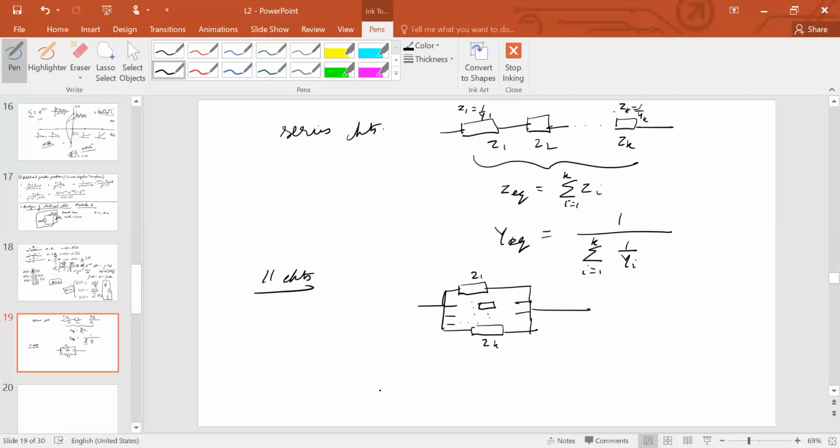In the same vein, the equivalent admittance is nothing but the sum of the admittances. You should be able to see and derive this for yourself. On the other hand, the equivalent impedance becomes nothing but 1 by the sum of 1 by Zi, i equal to 1 through k. Of course, the equivalent admittance and the equivalent impedance are reciprocals of one another.